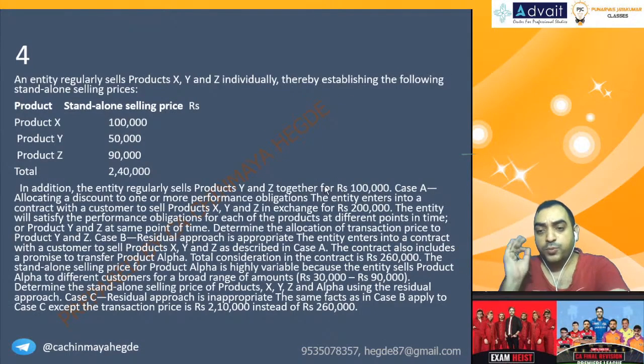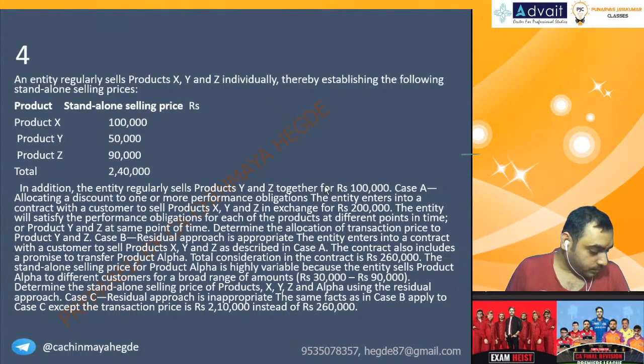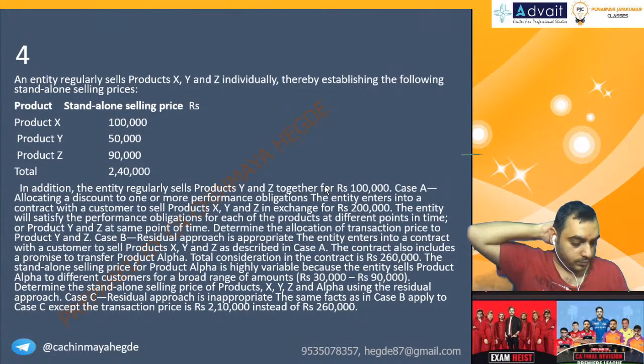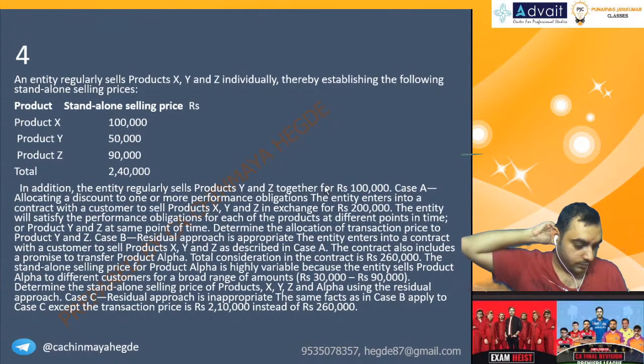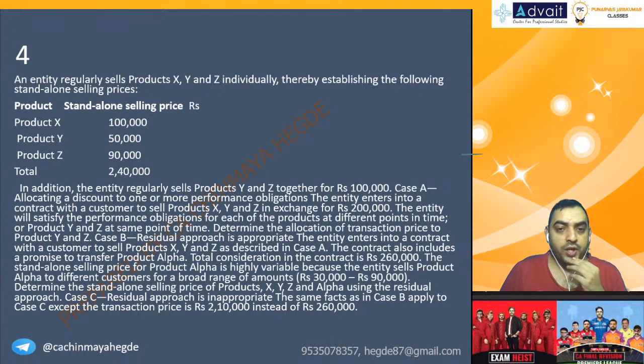Okay, let's do a problem to understand this. Please read the problem. Entity regularly sells products X, Y, Z individually, thereby establishing the following standalone selling prices.